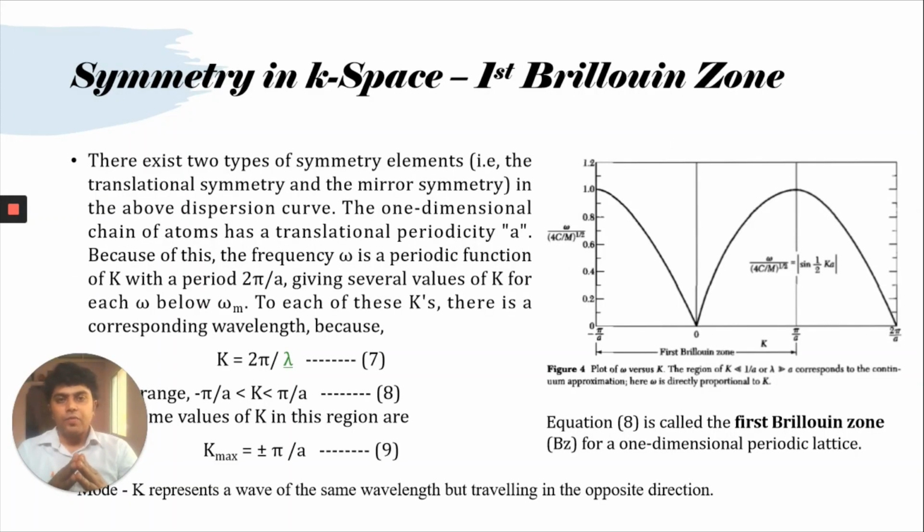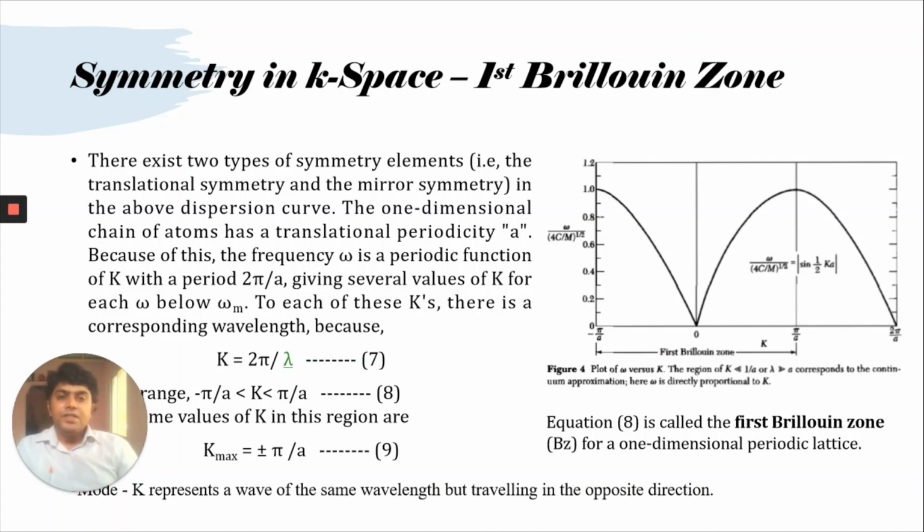Let us see how it works in the first Brillouin zone using the lattice vibration condition. There exist two types of symmetry elements: one is translation symmetry, and the other is mirror symmetry. Translation symmetry and mirror symmetry are very important when it comes to the dispersion relation, which we discussed earlier as equation 6.